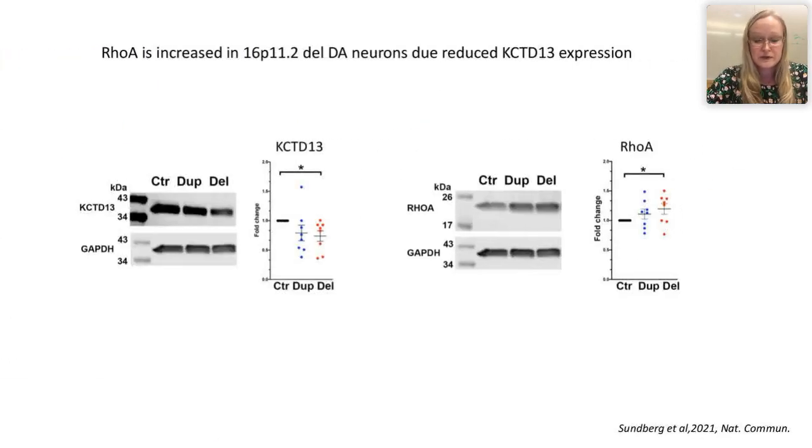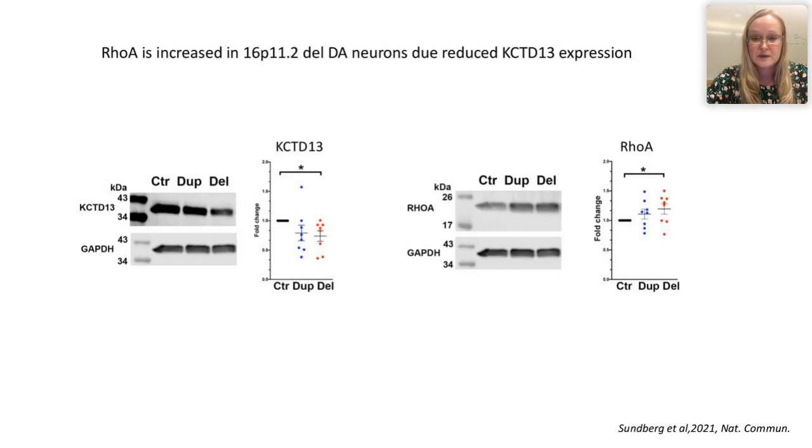So we wanted to verify whether we can detect a similar kind of molecular mechanism in the dopaminergic neurons in our cell model. So we first looked at the expression of KCTD13 in the dopaminergic neurons, and we detected significantly reduced expression of KCTD13 in the 16p deletion cells compared to the control population.